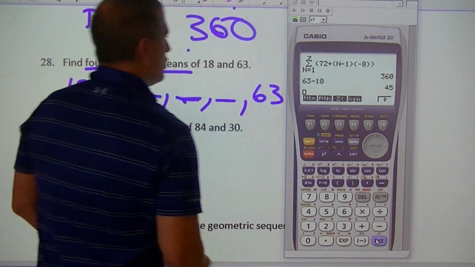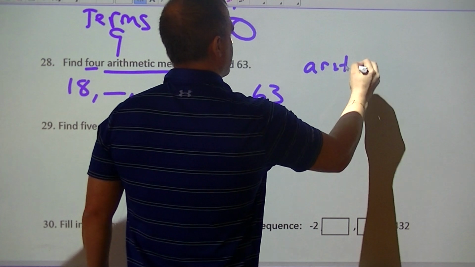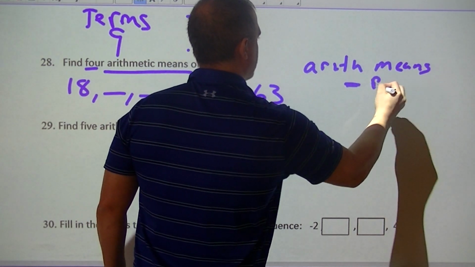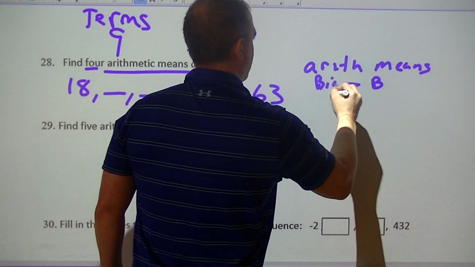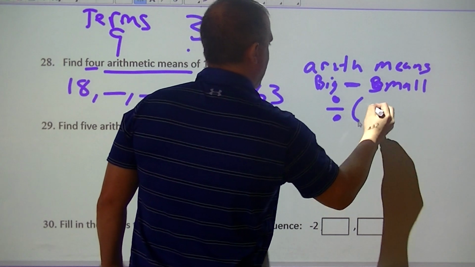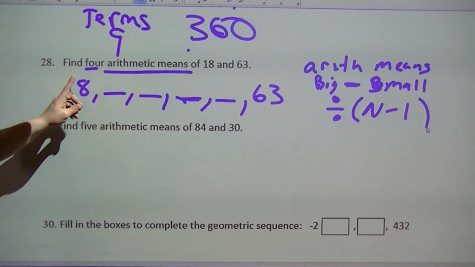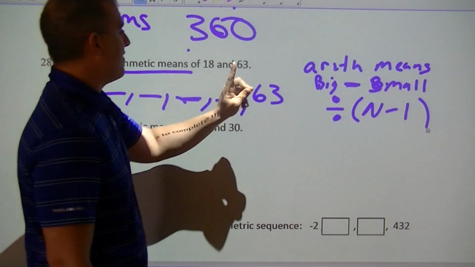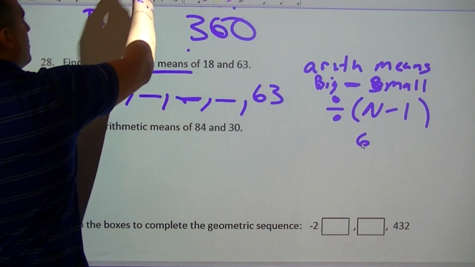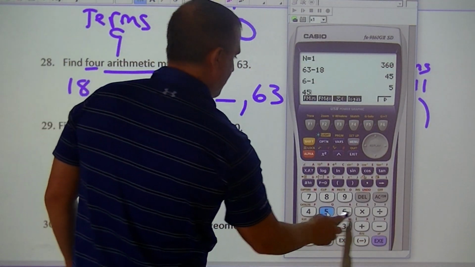With arithmetic means, I'm going to subtract big minus small, and then I'm going to divide by n minus 1, where n stands for the number of terms. I've got 1, 2, 3, 4, 5, 6 terms. So in this one, it would be 6 minus 1, which would be 5. So I'm going to divide 45 by 5.